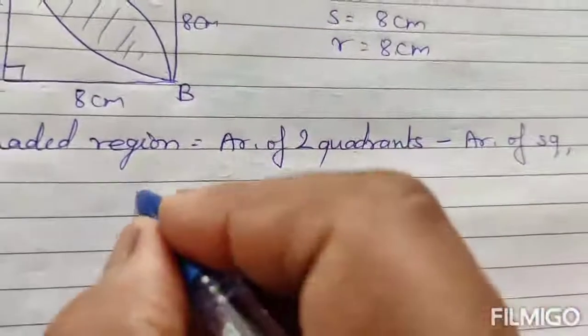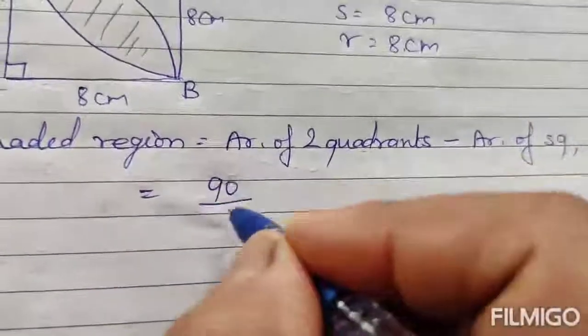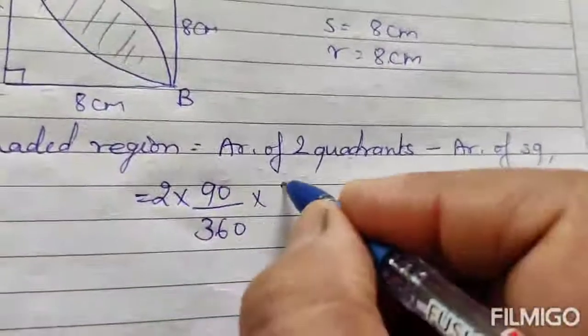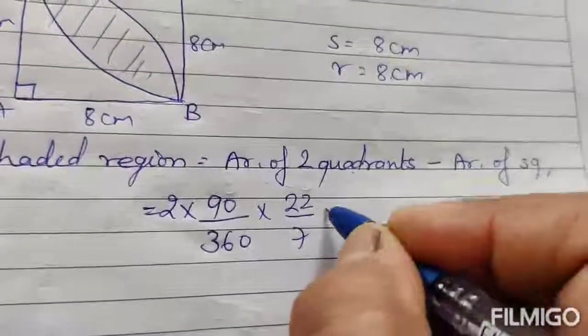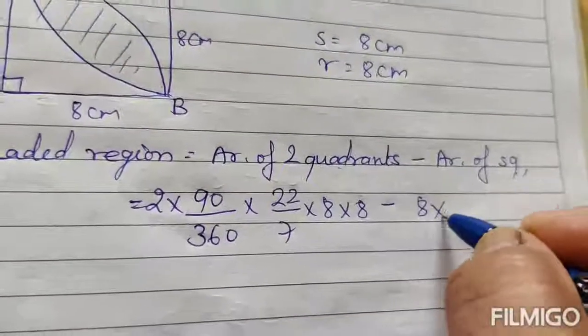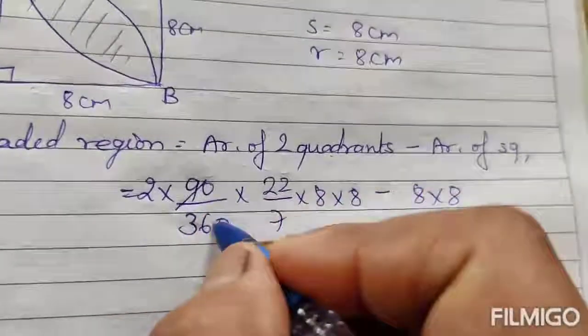The area of quadrant is 90 by 360. Two quadrants, it means 2 into pi r square, r is 8 into 8. Minus area of square is 8 into 8.